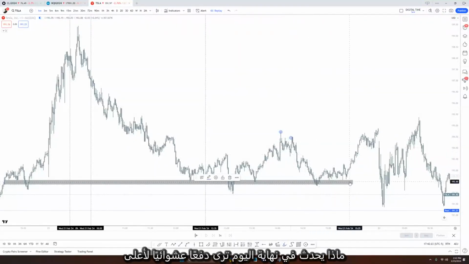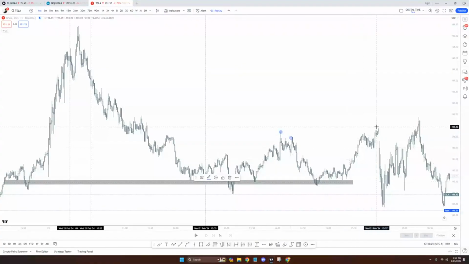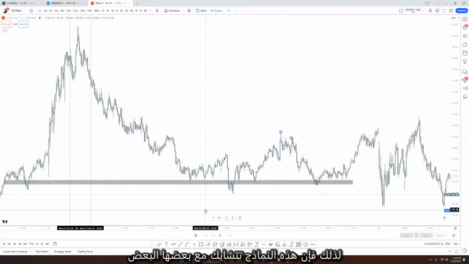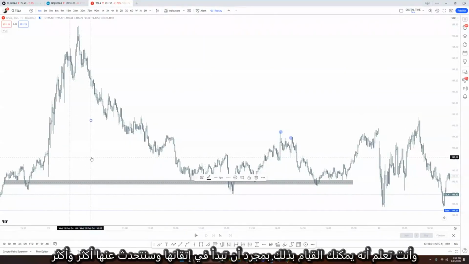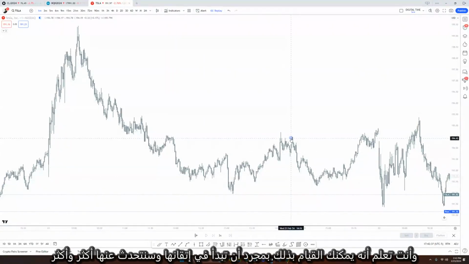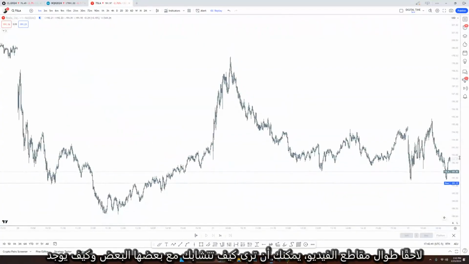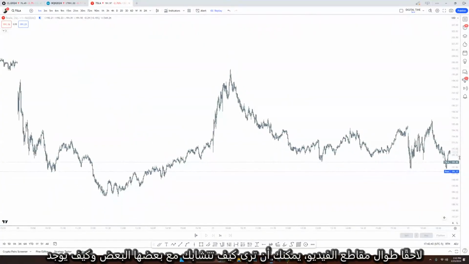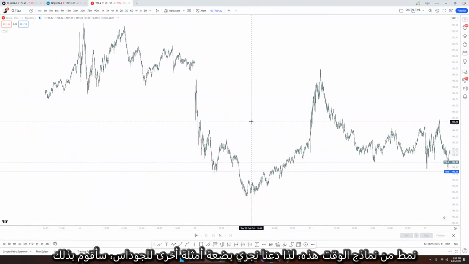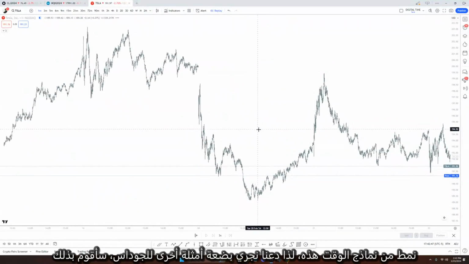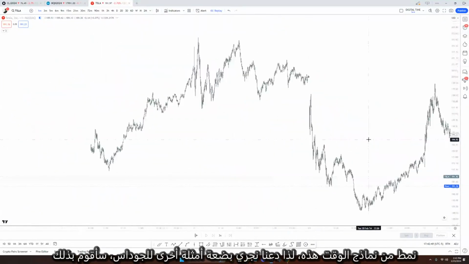What happens? End of day, you see a random push up. So these models, they intertwine with each other. And once you begin to master them, and we'll talk about it more later on throughout the videos, you can see how they intertwine with each other and how there's a pattern of these time models, right?